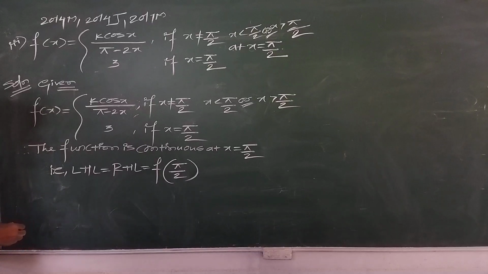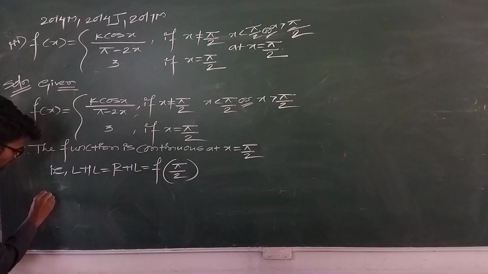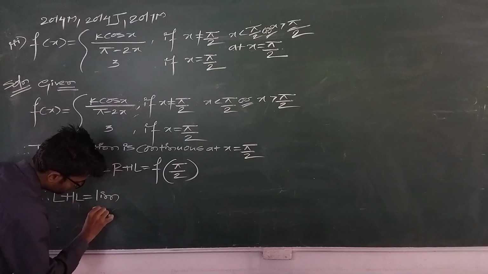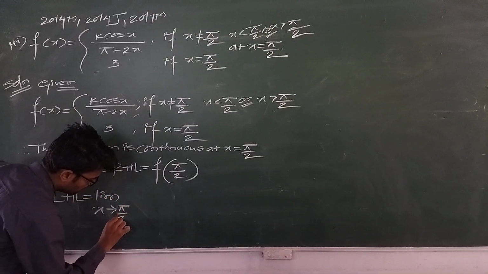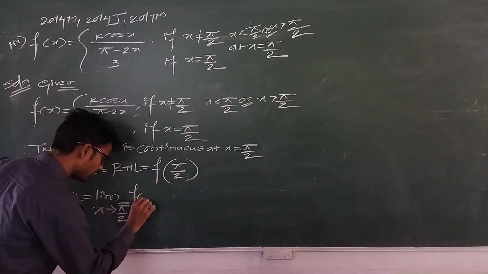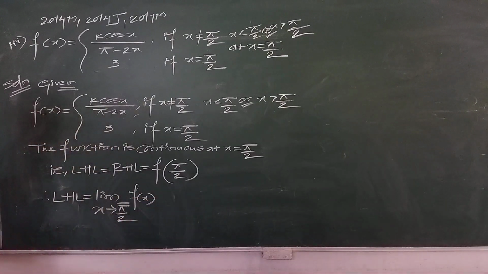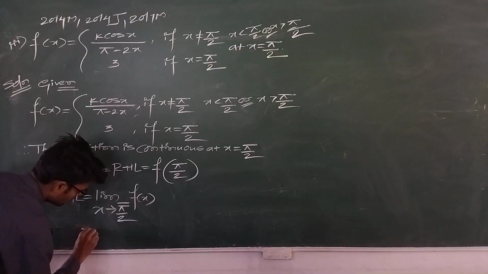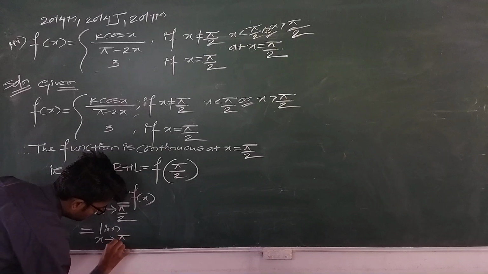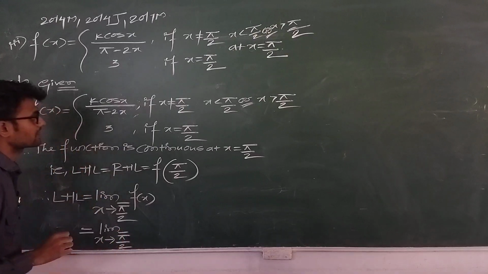So you calculate the left hand limit. The left hand limit is equal to the limit as x tends to pi by 2 from the left of f of x.